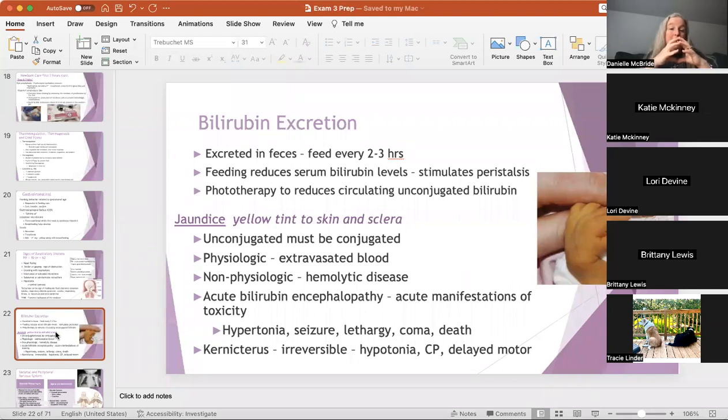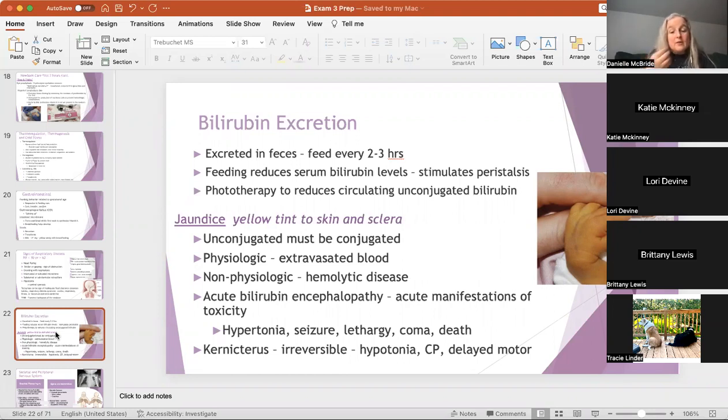And phototherapy helps the body conjugate the bilirubin, or break it down, the bilirubin that's circulating in the baby's body, so that then the baby can easily excrete it. So we're going to feed our baby, get them peeing and pooping, use the phototherapy to conjugate the bilirubin and help them excrete it.